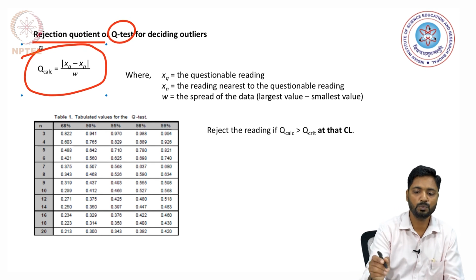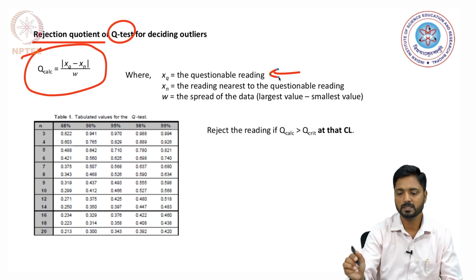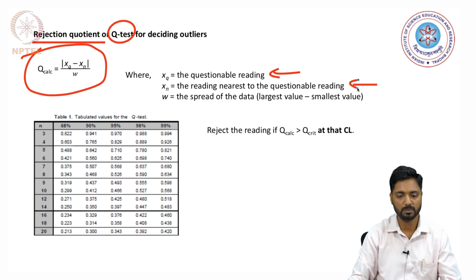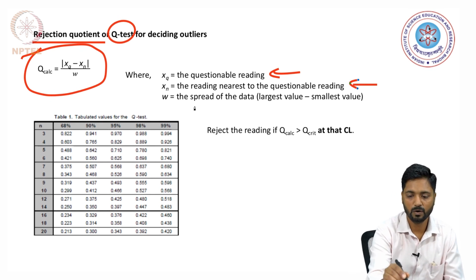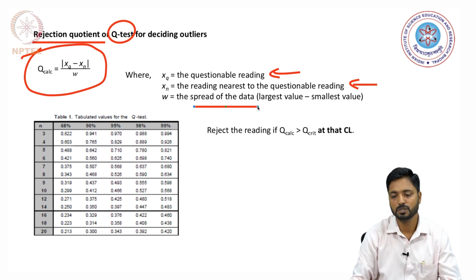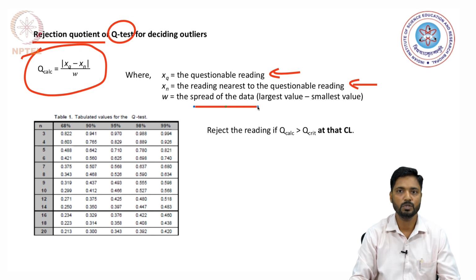So, XQ is the questionable reading, Xn is the reading which is very near to the questionable reading, and W is the spread of the data which is with us. Spread is nothing but the difference between the largest value of a data set and the smallest value.